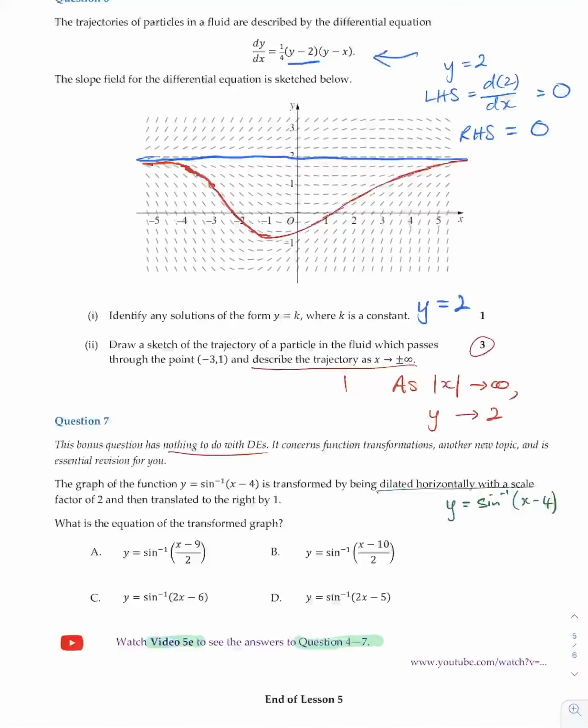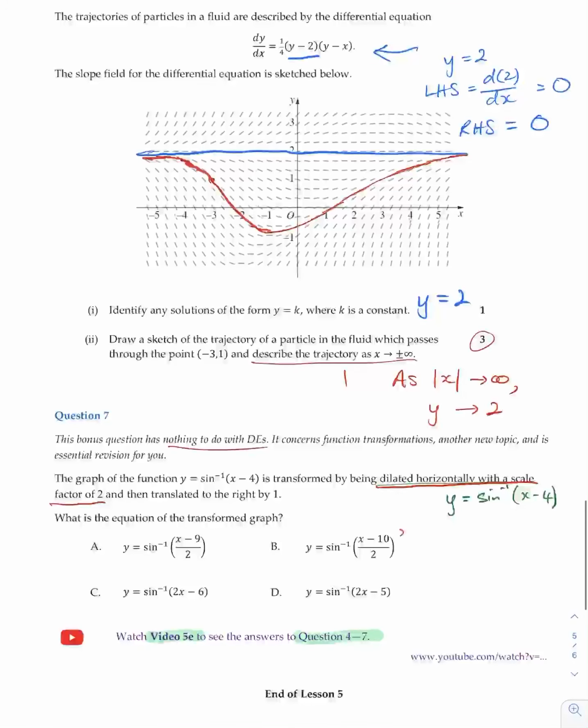Okay, so dilate horizontally with a scale factor of 2. That means x is replaced with half x. That achieves that horizontal dilation. And so we get y equals inverse sine half x minus 4. All right, so that's step 1.